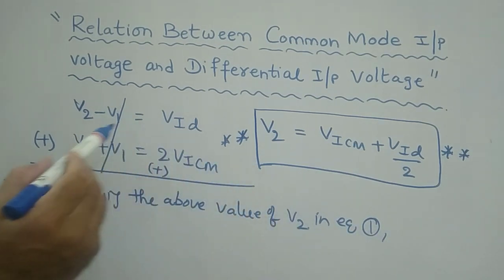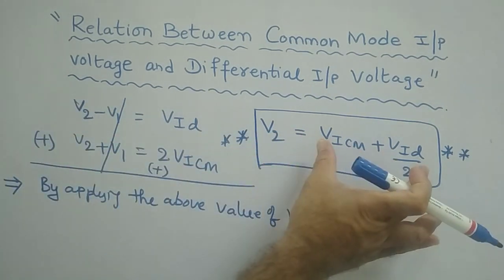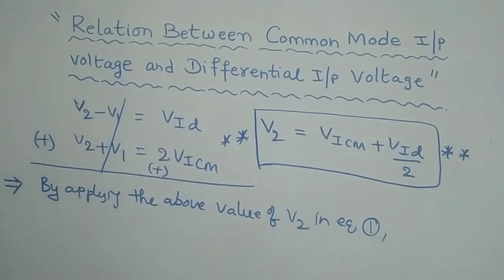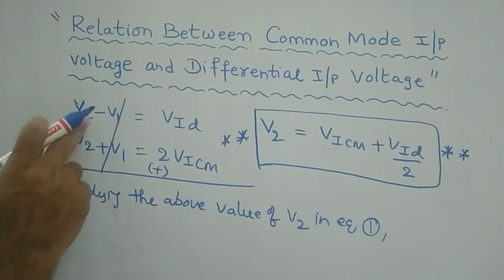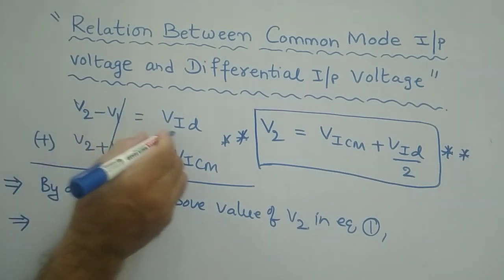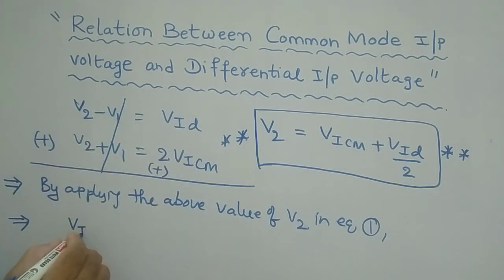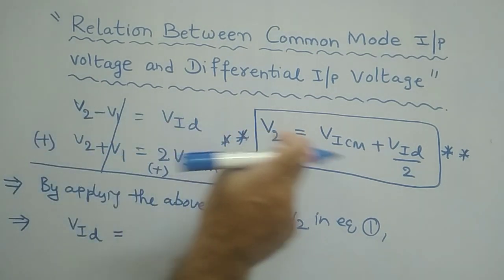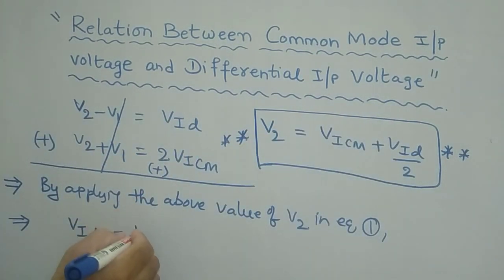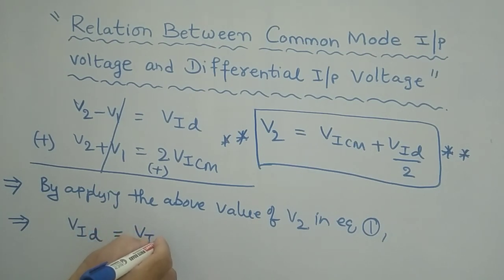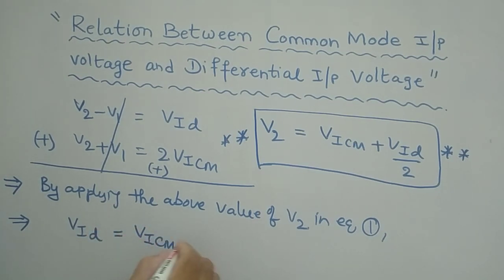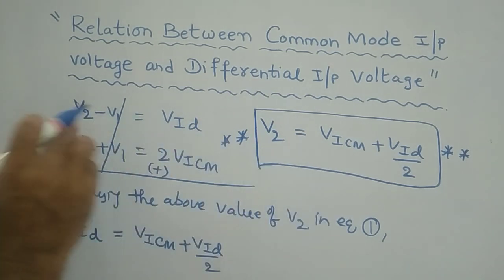Wherever V2 is there, you simply substitute this value in place of V2. From equation 1, VID is equal to V2 minus V1. What is V2? V2 is nothing but VICM, the common mode input voltage, plus VID by 2. So VID is equal to VICM plus VID by 2 minus V1.